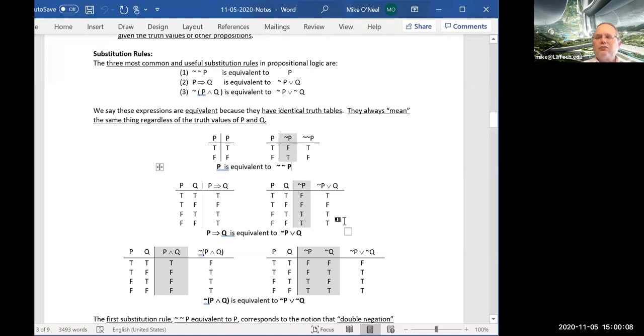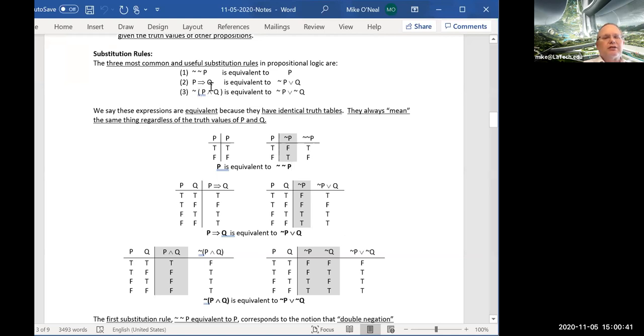Okay, so let's see. Does it make any sense in English, or can we think our way through it to see whether or not it might make some sense? Well, how about if I say something like, on sunny days, weddings are held in the garden.